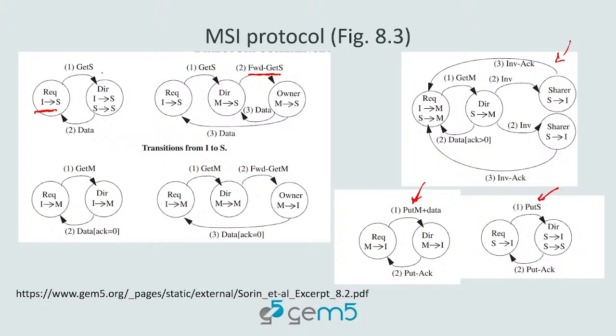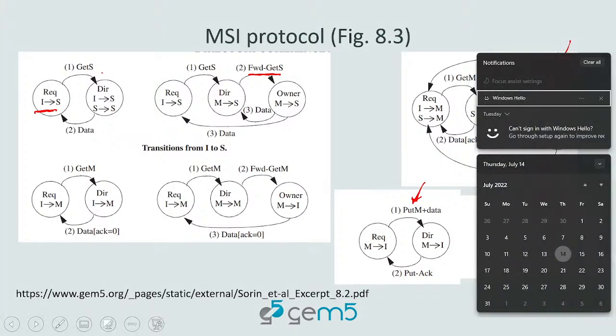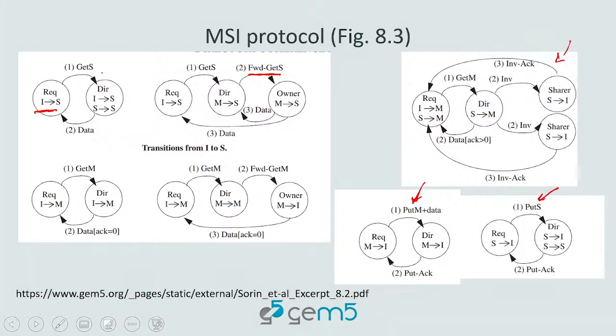One other thing here: when we do an upgrade request with a GetM, if we need to invalidate a bunch of other caches that currently have it in shared state, we need to wait until we get all the ACKs from those caches, saying those caches have invalidated it.